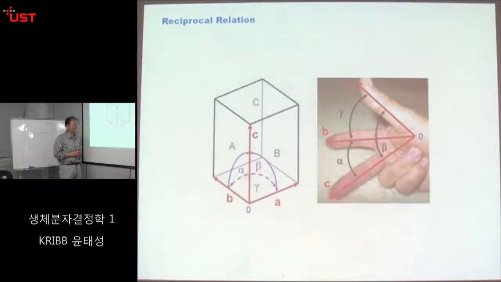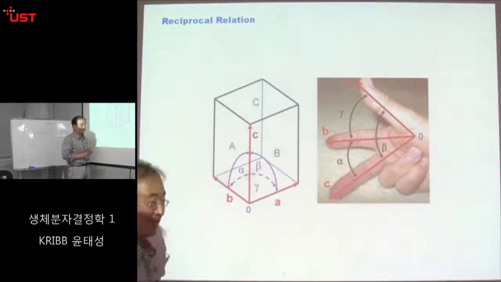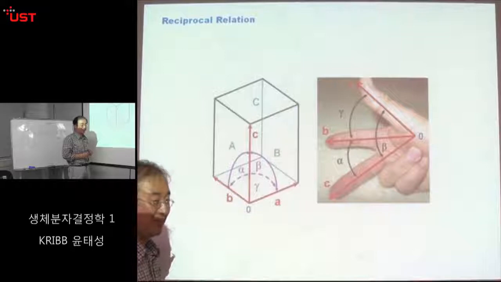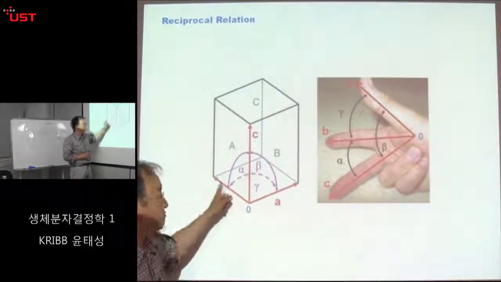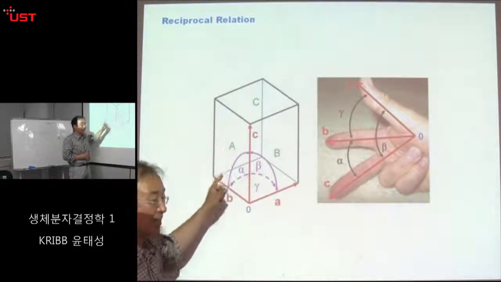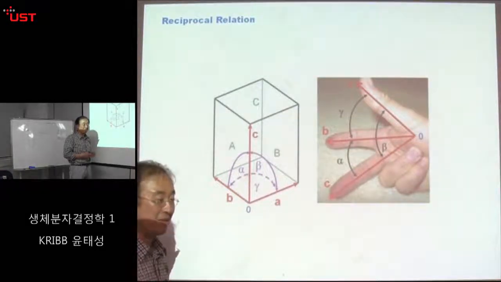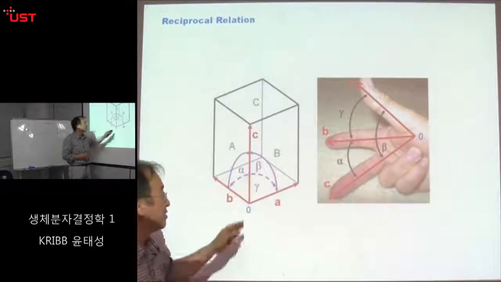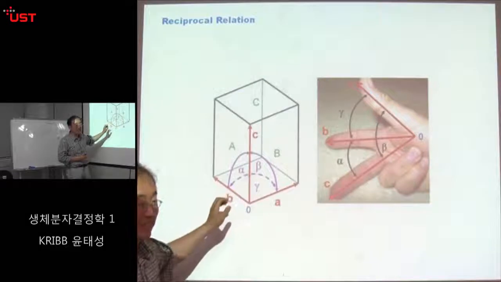To be a three-dimensional crystal, we should have periodicity along A, B, C altogether. So in theory, it can be infinite along A, infinite along B, infinite along C in terms of repetition. But to be practical, we should have several along A, several along B, and several along C.